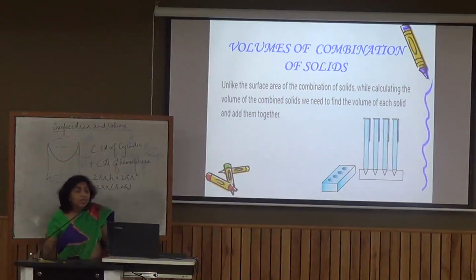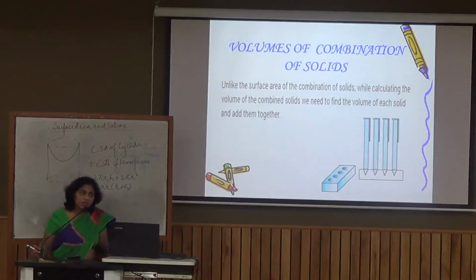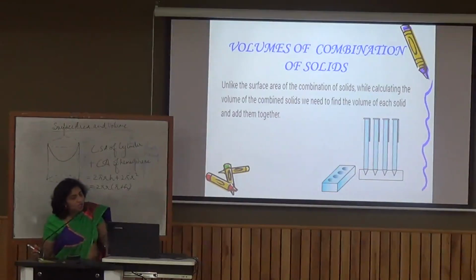There can be a combination of solids in the form of adding two solid shapes, or there can be a combination of solids making a dent, depression, scooping out anything. So in the figure you can see that there is a cuboidal block where four conical depressions are being made to make it a pencil stand.